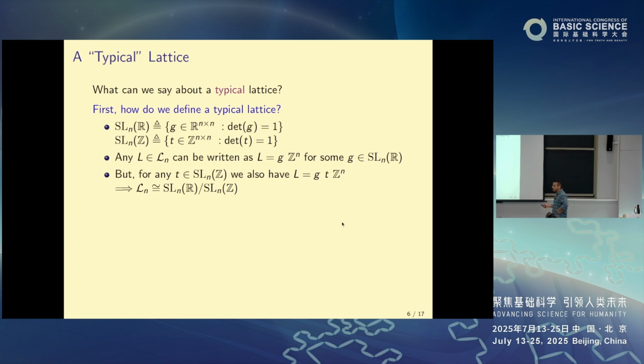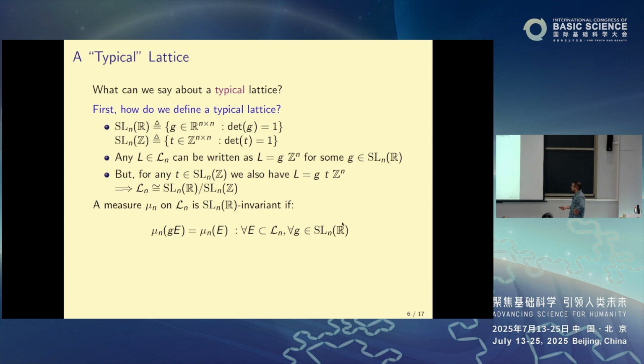Because if I take an element T from SL_n(Z), then T times Z^n is also Z^n. So G times T times Z^n spans the same lattice as G. So in general, a lattice is identified not with G, but with the orbit of G with respect to right multiplication in SL_n(Z). Therefore, the space of unit covolume lattices is equivalent to SL_n(R) mod SL_n(Z).